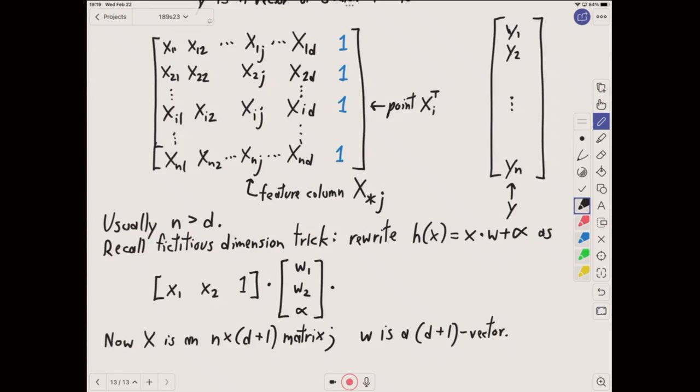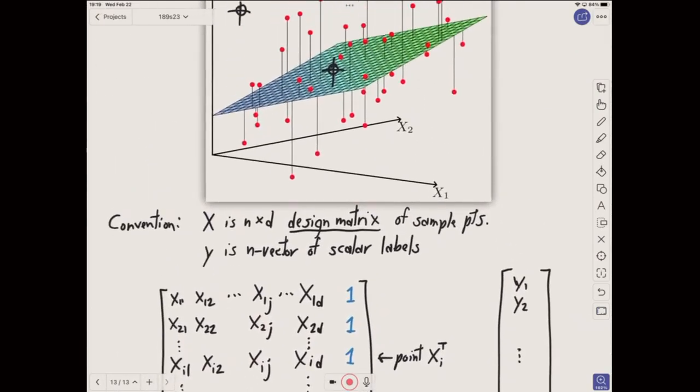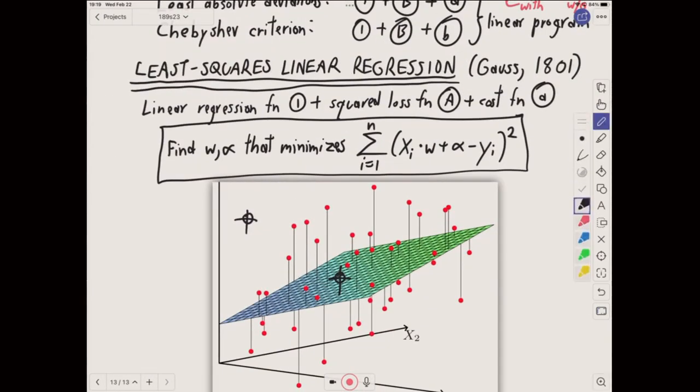With that in mind, now we can go back and just do linear regression. Remember, I want to optimize this thing here. I want to minimize that. It's now possible to write that in a simpler matrix notation. So let me do that.